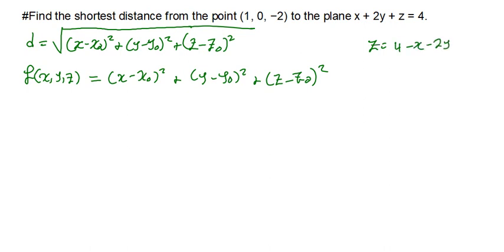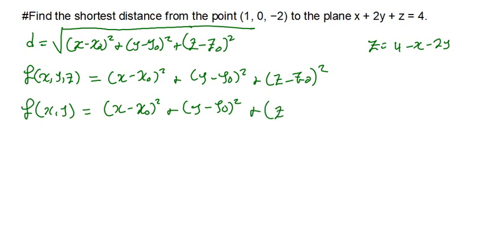So here I'm going to say f of x comma y, because that is going to change. So I have x minus x initial squared plus y minus y initial squared plus, no, I'm not going to use z there, I'm going to use 4 minus x minus 2y minus z initial squared, like that.